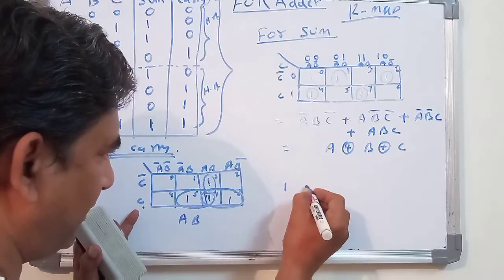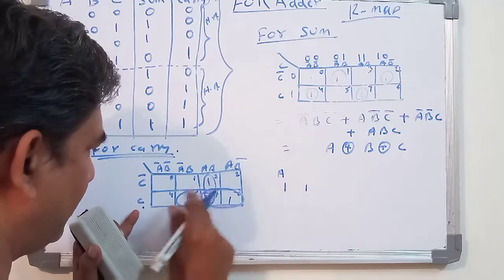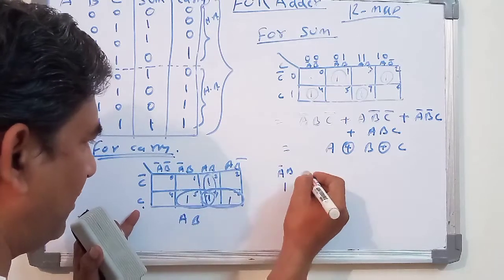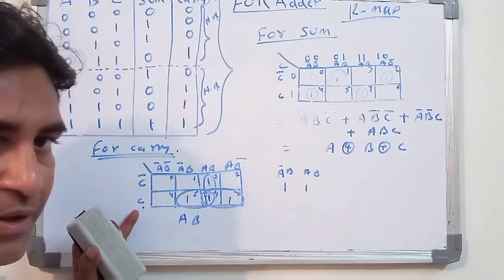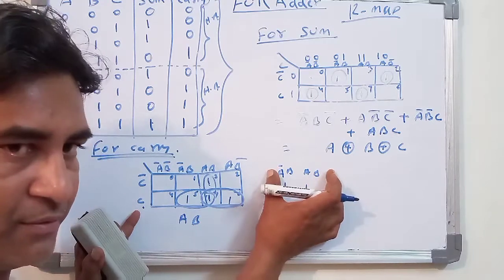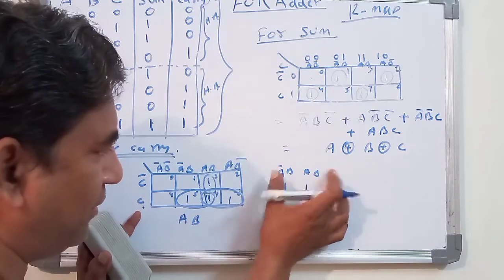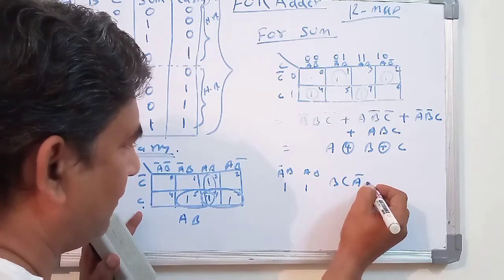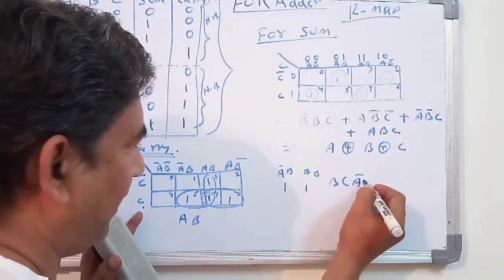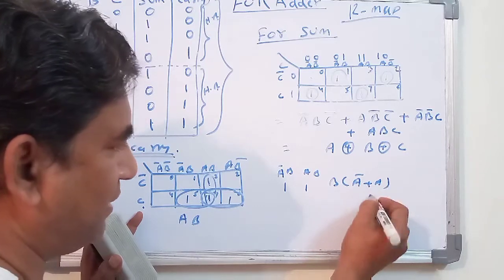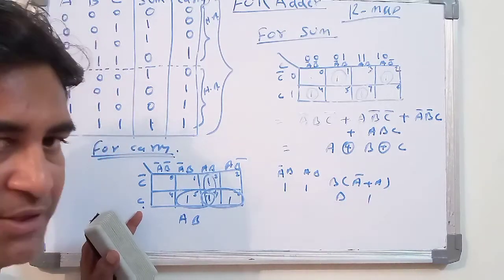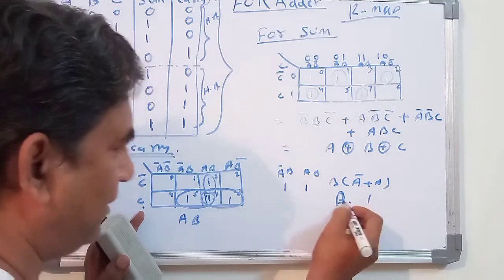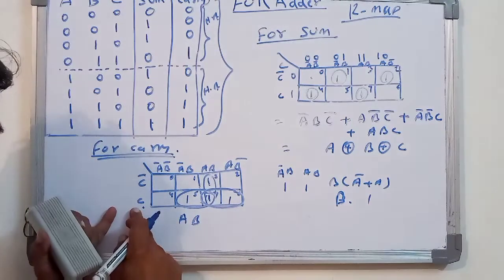Here there is a 1 and here there is a 1. Just in the column A bar B and A B bar. You solve it. Okay. After solving, you just make a common B, that is B A bar plus A, since it is 1, you will be obtaining the value as B. So this B and the rows, it is C.